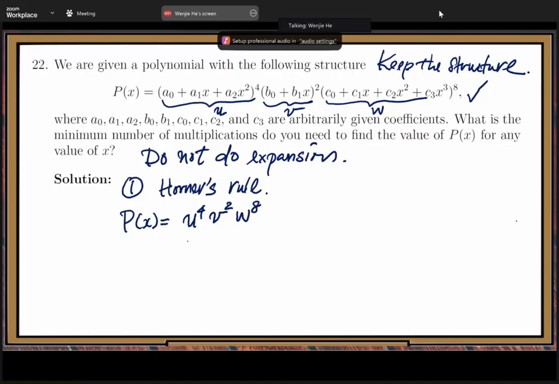To calculate that, another important technique you need to use is to try to share squares.